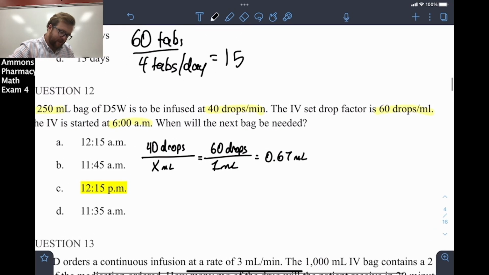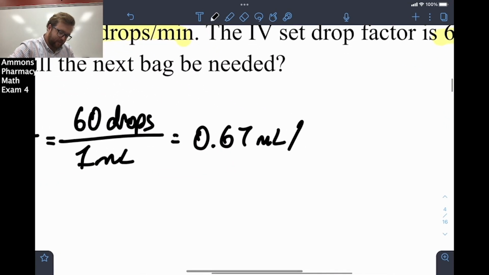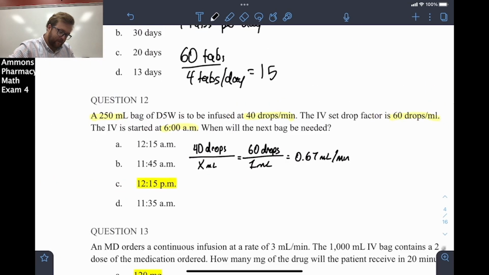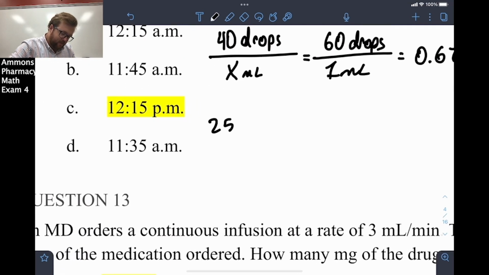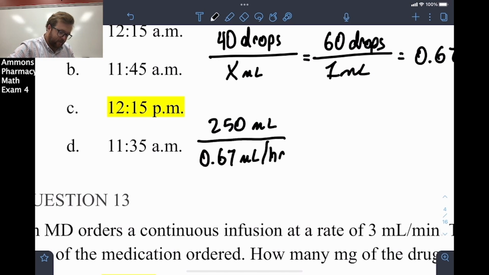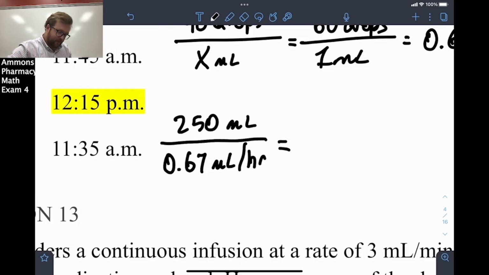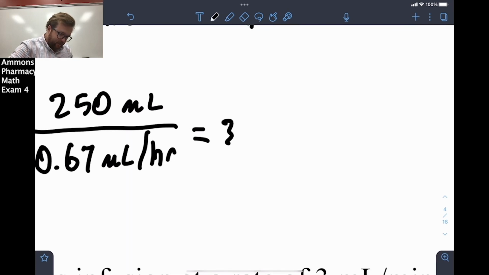That's 0.67 mils per minute. Okay, we have 250 mils. And we're pushing out 0.67 mils per hour. This calculation is going to tell us how long that's going to last.